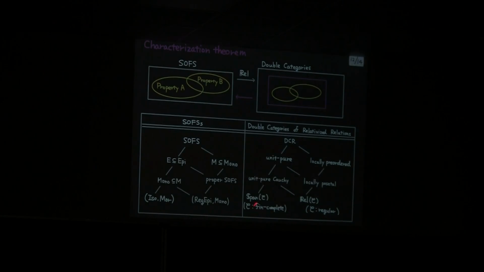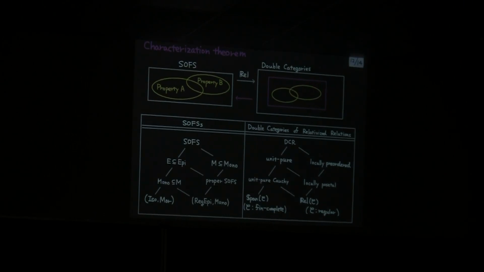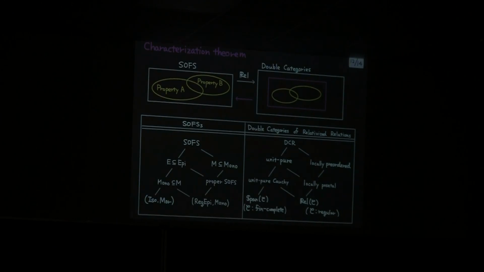And to prove this, the assumption of unit pureness is necessary, I think. So I'm not sure what happened. Just think about the Cauchy double categories. But is this answering your question? I thought it was a very easy indication why the one implies the other. I will ask you.